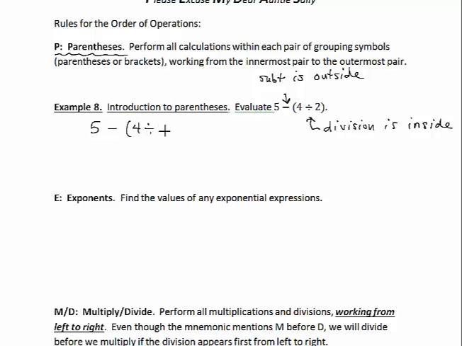4 divided by 2. Well, in algebra, you'll be a lot better off if you work problems one line at a time, line by line. So we take this line and we change one thing about it, and we write that down in the line below, and then we take that line and change another thing about it, or perform one more operation, and whatever we get from that we write on the line below.